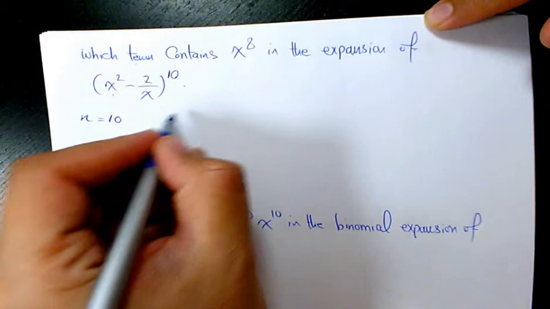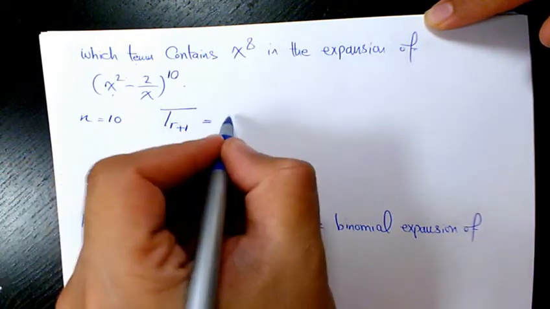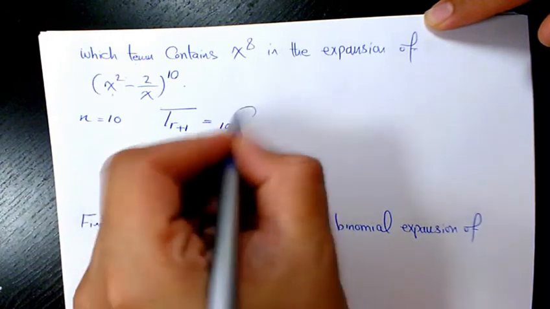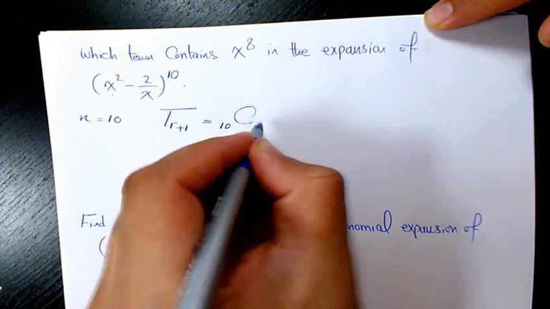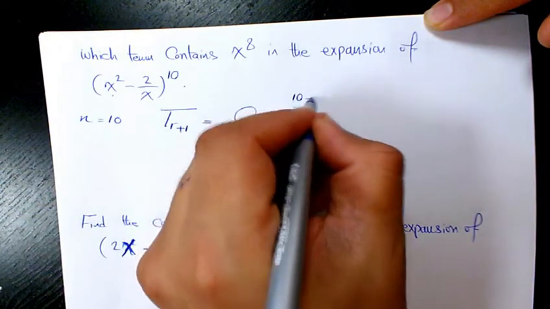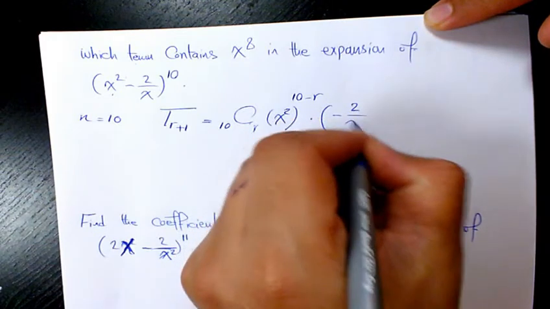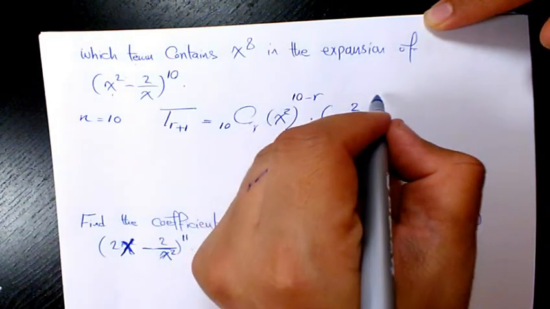So we can say that the general term is T(r+1) equals 10 Cr times x squared to the power of 10 minus r, times (negative 2 over x) to the power of r.